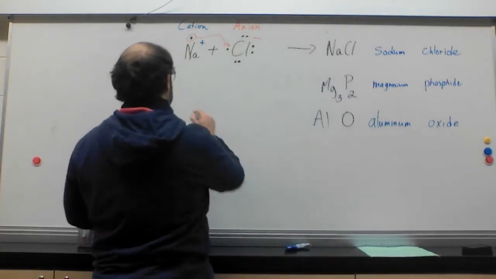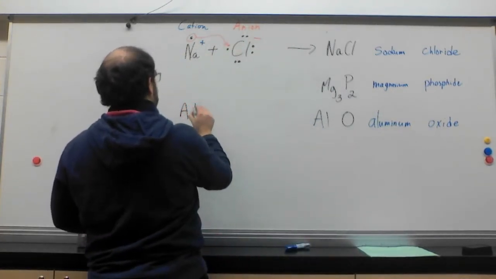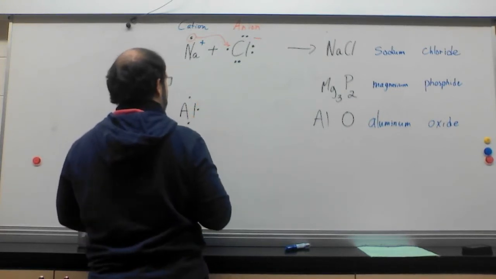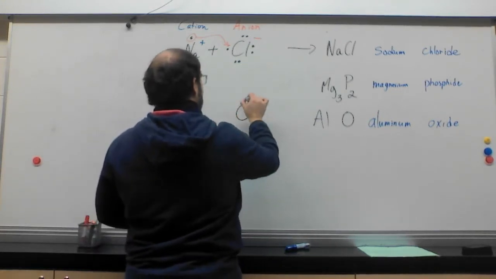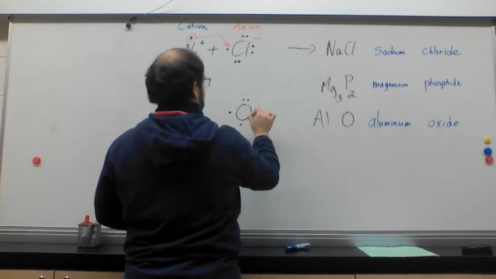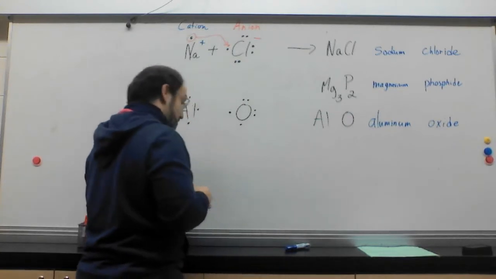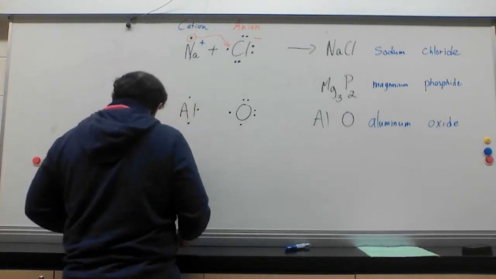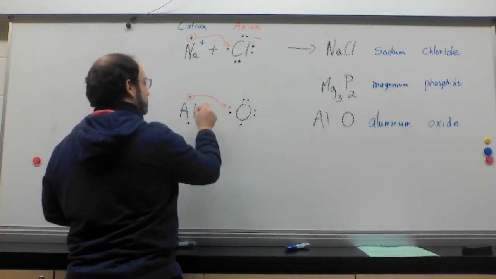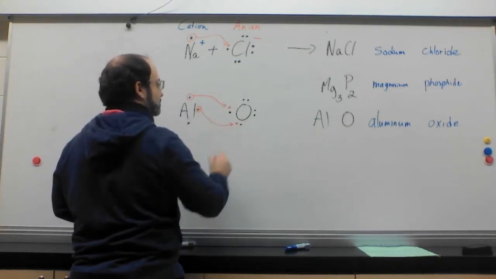So we're going to do it again just to make sure that we keep track of everything. So the aluminum has 3 valence electrons because it's in the boron family. The oxygen would have 6 valence electrons because it is in the oxygen family. So with this being in mind, I would take one of these and move it over, and one of those and move it over. And there we go.